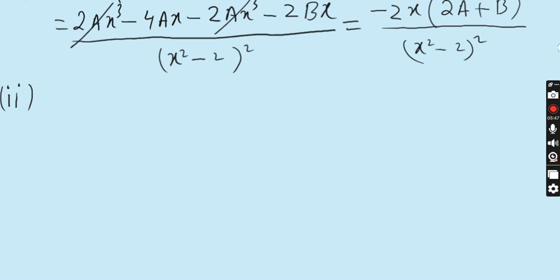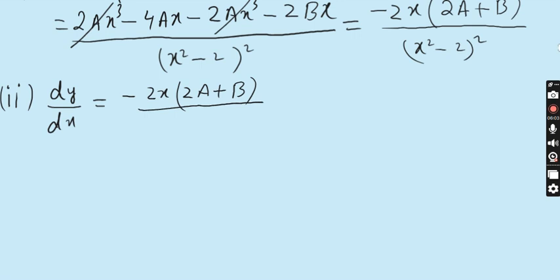So our derivative is what we just found in the previous part, negative 2x(2a plus b) upon (x² minus 2) whole square.